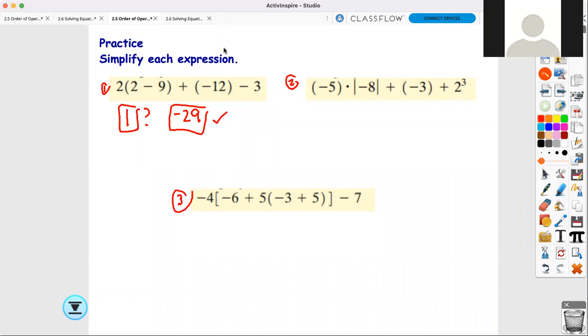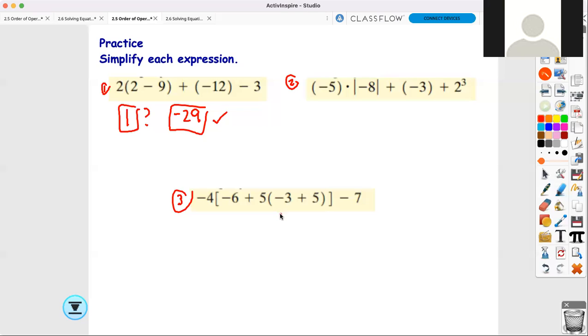Yes, sir, I got a question. What's up? On number 3, do you have to solve the brackets first? Yes, but in order to get the bracket, Jacob, you also have to simplify just the parentheses.